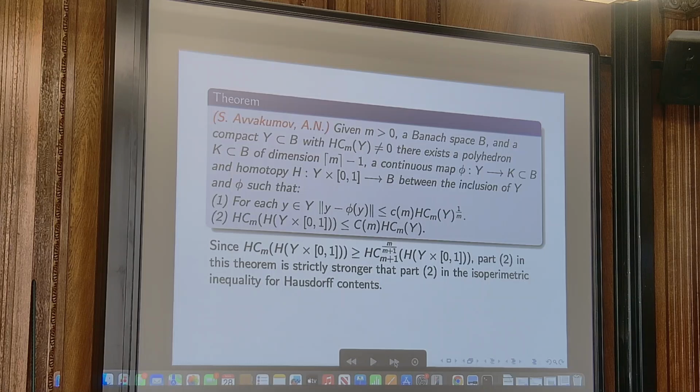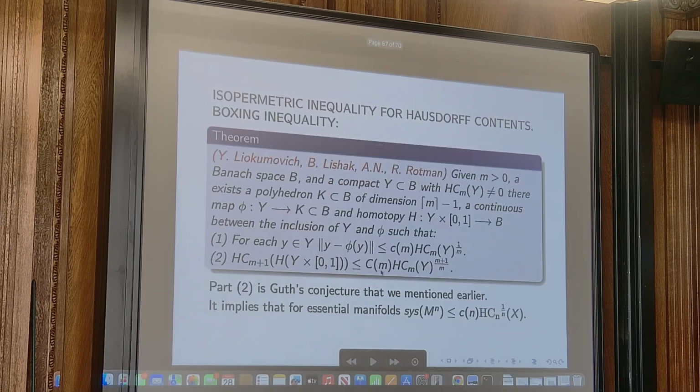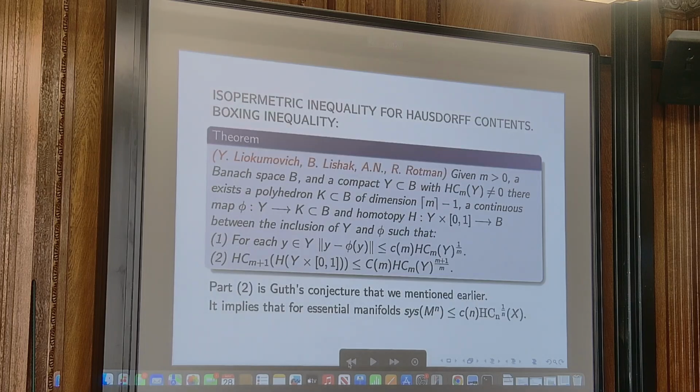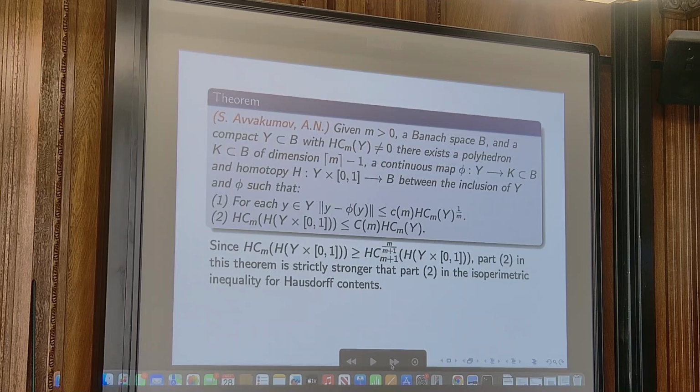In the previous theorem, like in the isoperimetric inequality, we were comparing the m plus one dimensional Hausdorff content of the image of the homotopy of the filling with the m dimensional Hausdorff content of Y. And here, since m has nothing to do with the dimension of Y, why am I supposed to compare two different functionals, m-dimensional and m plus one dimensional Hausdorff content? It makes more sense to compare the same functional, HC_m.